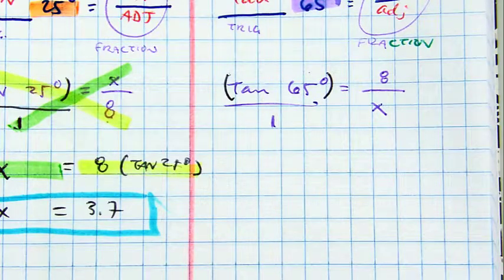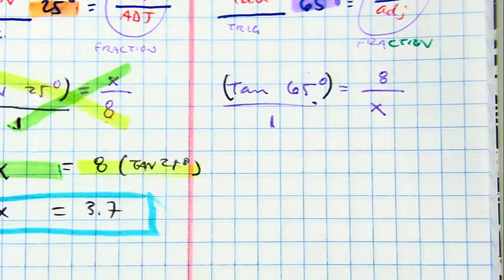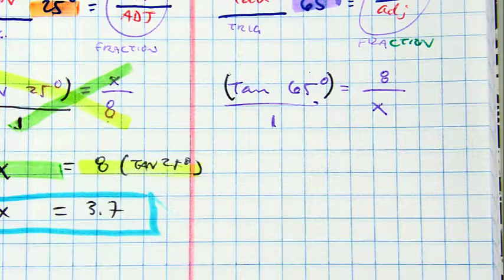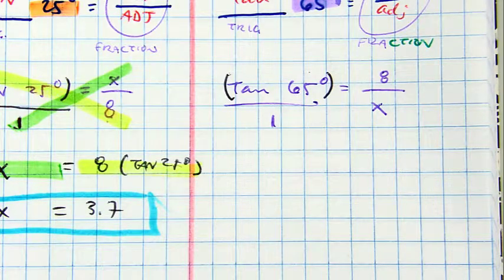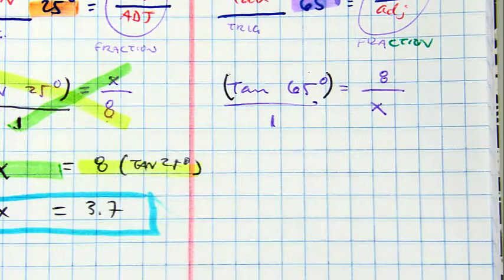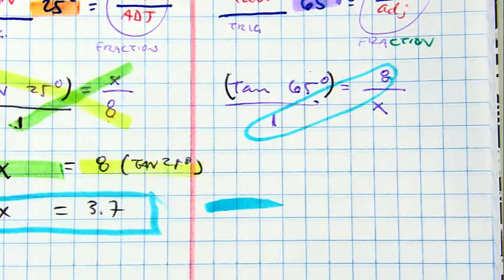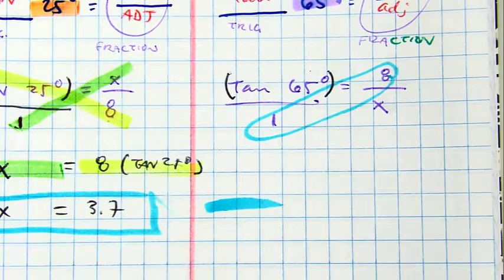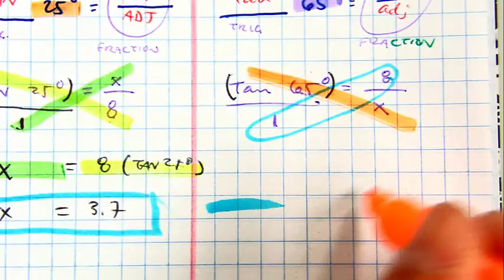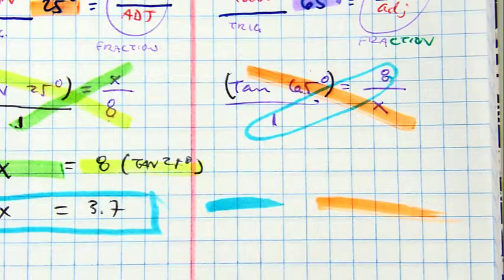They're one. Partner A, tell partner B, how do you solve this, or what's the next step? Vita, what's your next step? Let's cross multiply. Tell me what to write, Vita.